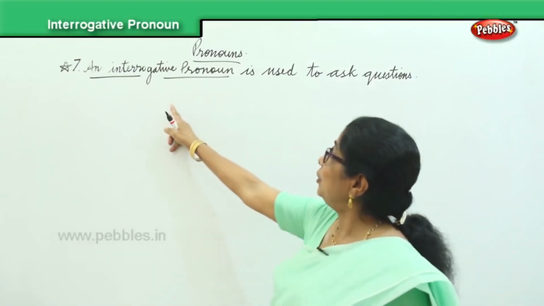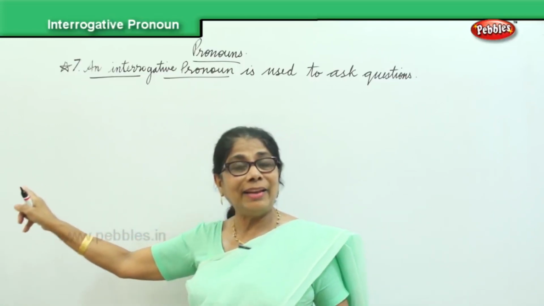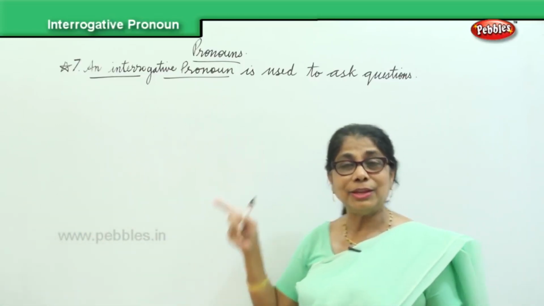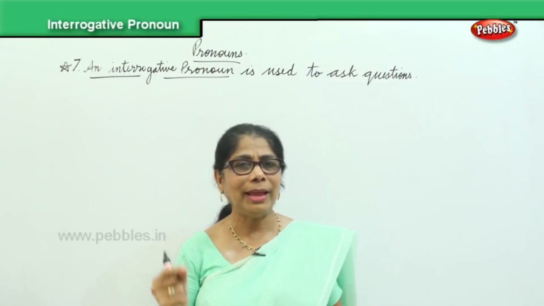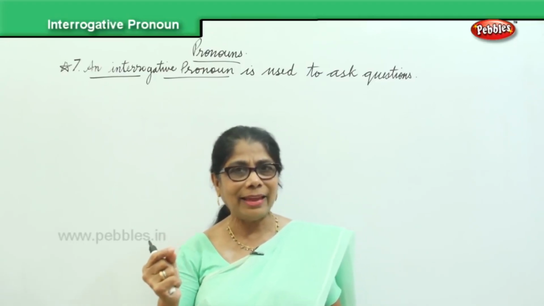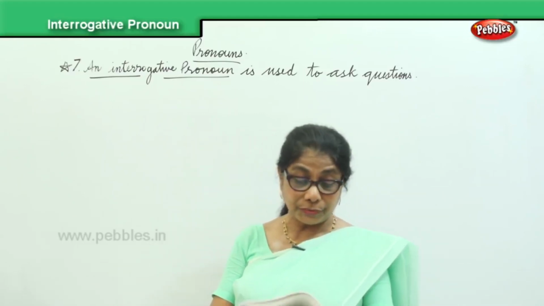We have done interrogative pronoun. Now, I will give the full sentence. You will circle the interrogative pronoun. Identify and we'll circle together. First, I will write out all the sentences for you.